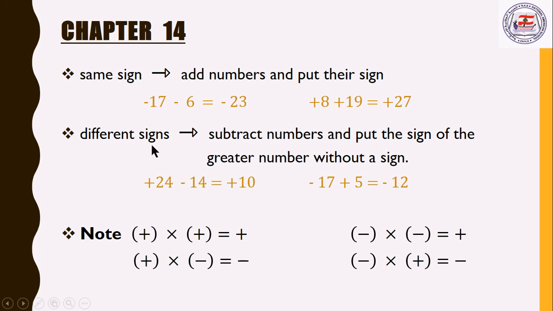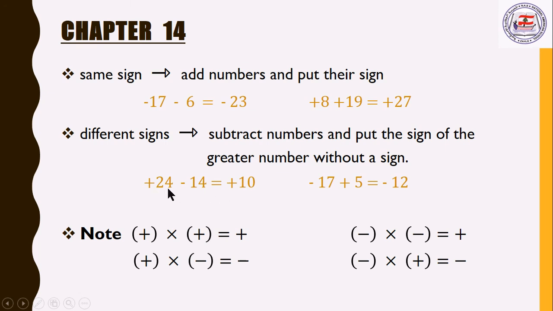Different signs. We subtract the numbers and put the sign of the greater number without a sign. Plus 24, minus 14, different signs. Then we subtract the two, it is 10, and we put the sign of the greater one.